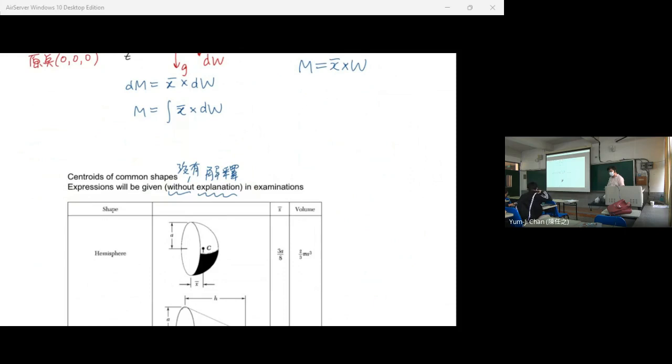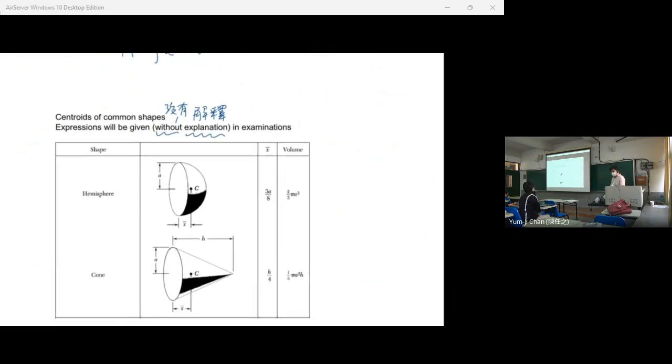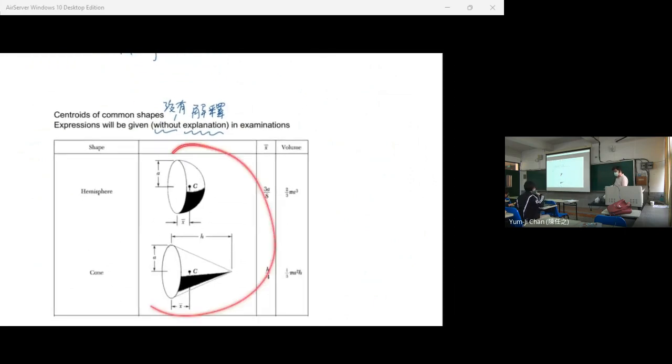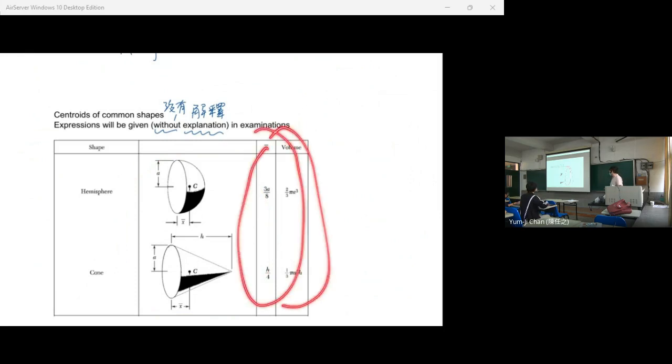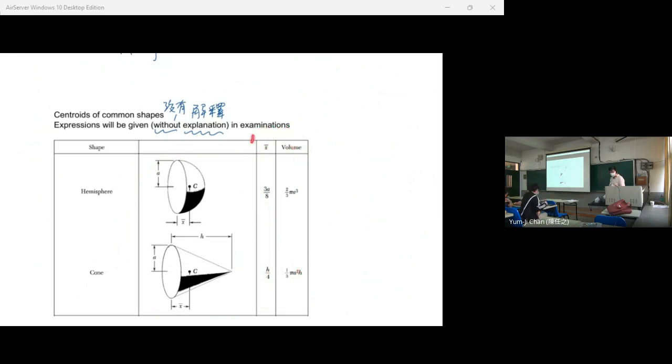In examination, if I need this x bar and volume, then I'll give them to you, but I will just write down the equation.